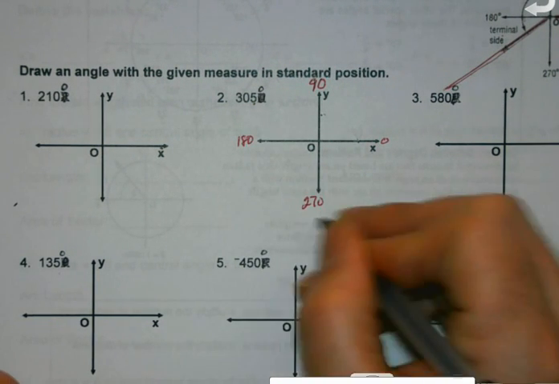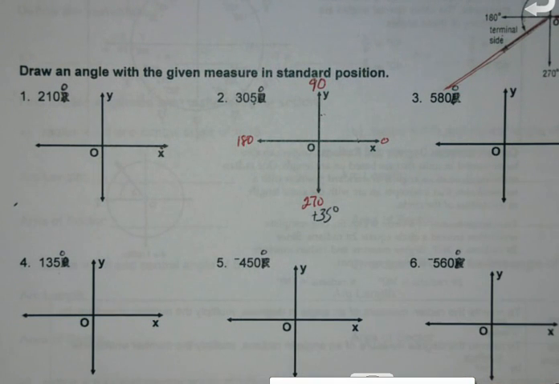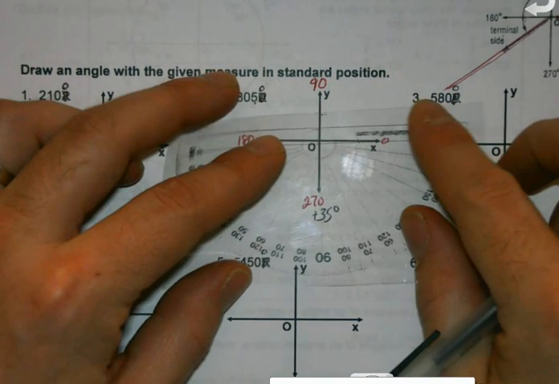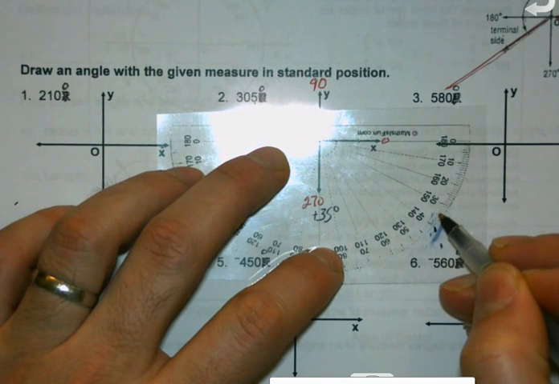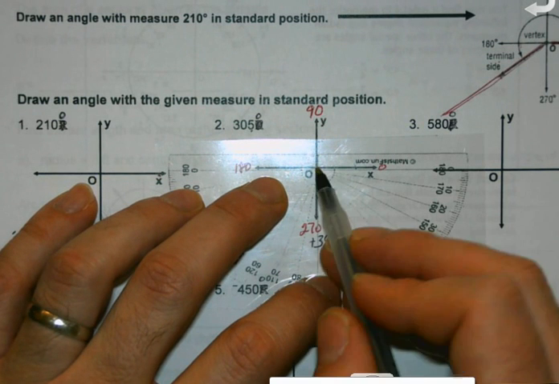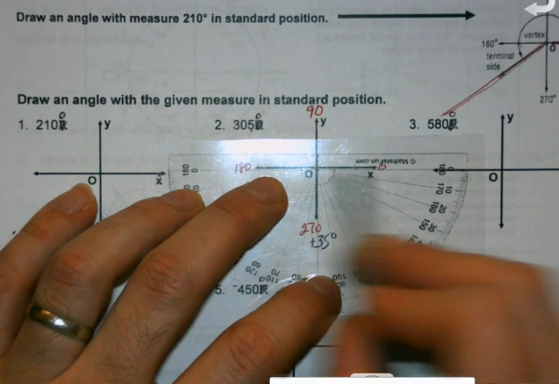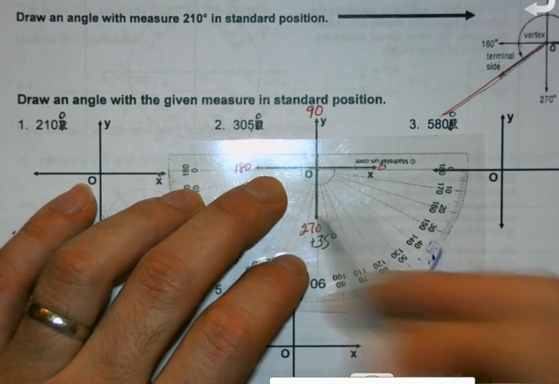I'm going to need 35 more. Now here's the part that gets a little bit more interesting. Can I just put this down and go to 35? No, because that 35 would be based off of here. I need the 35 based off of this point.